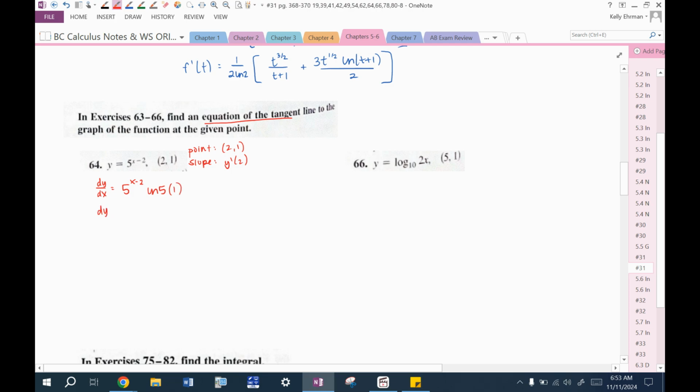And then evaluate dy dx at the ordered pair 2, 1. So we're putting in 2 for x. So that becomes 5 to the 0 times natural log 5. And that's just natural log 5. So now write the equation of the tangent line. So point slope form: y minus 1 equals slope natural log 5 times x minus 2.